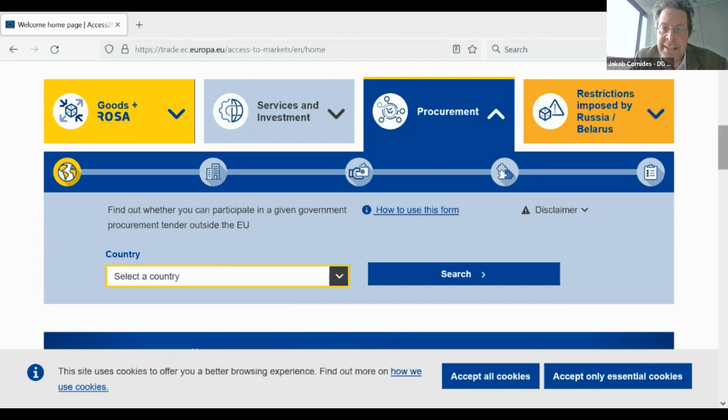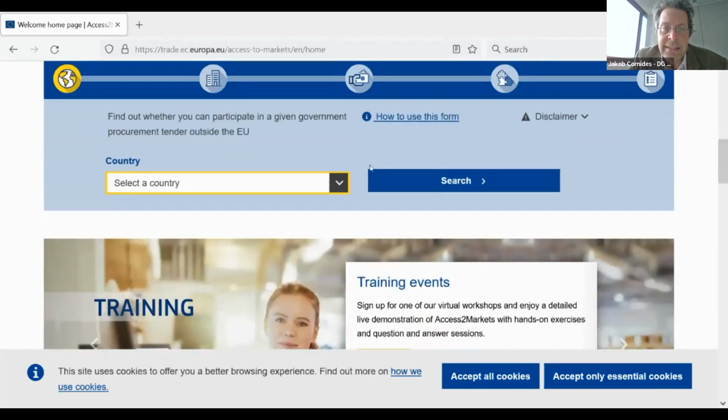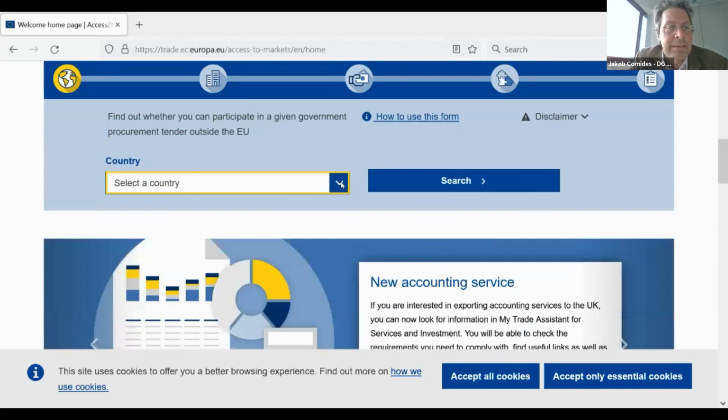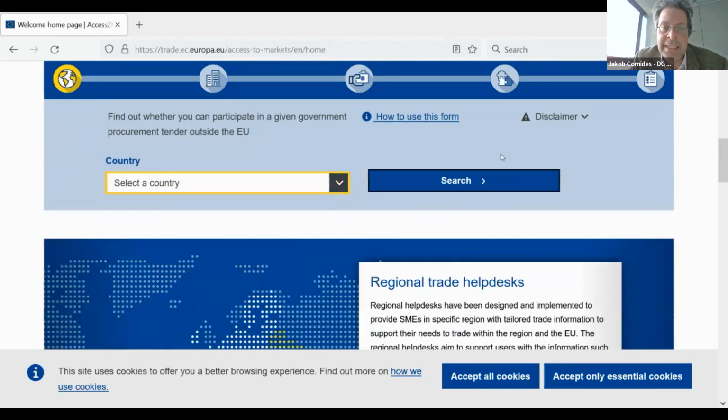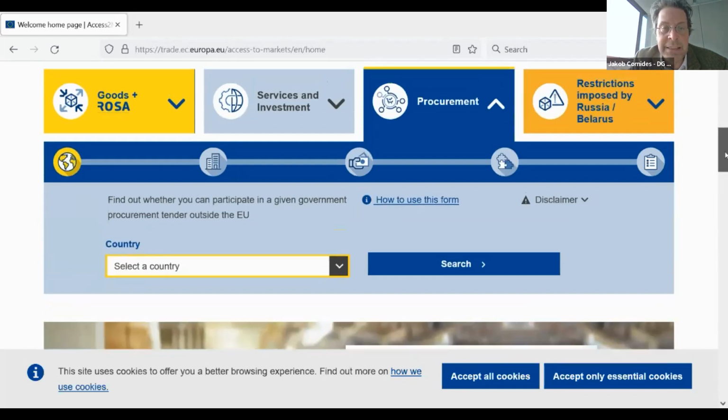I am in the happy position to announce that the next country to be added, still in the course of this semester, should be the United States, which of course would also add considerable importance to this part of Access to Market.